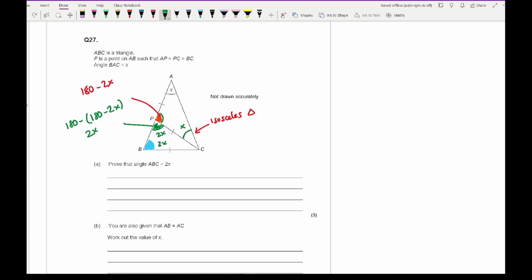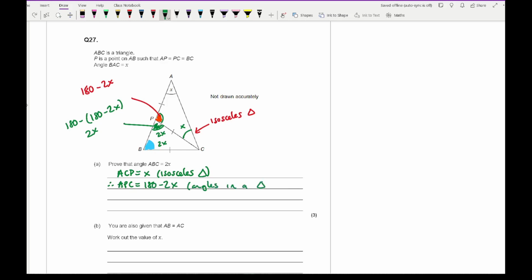So let's have a look at writing all of this down then. So here we've got ACP equals x, as it's an isosceles triangle. We know that therefore APC equals 180 minus 2x because angles in a triangle.